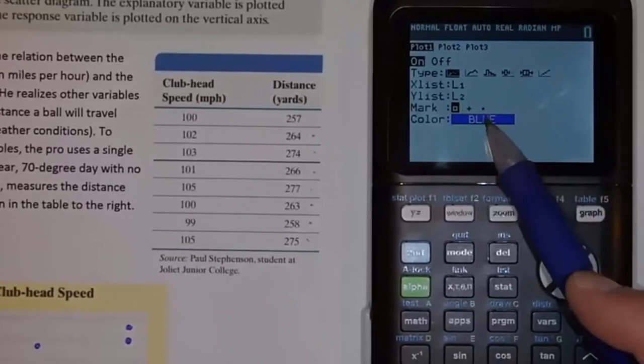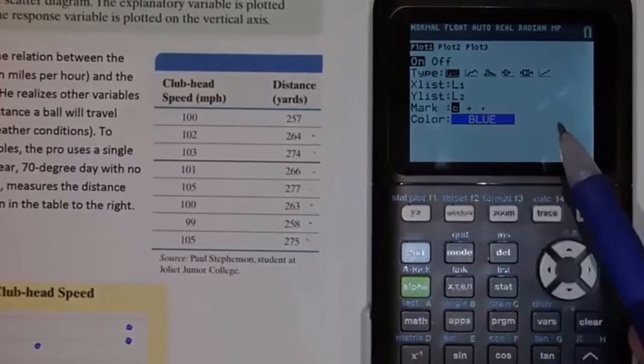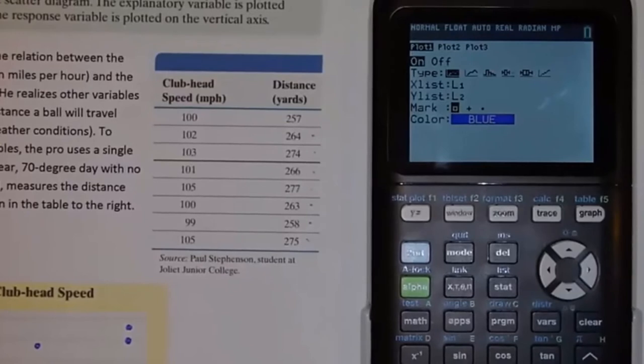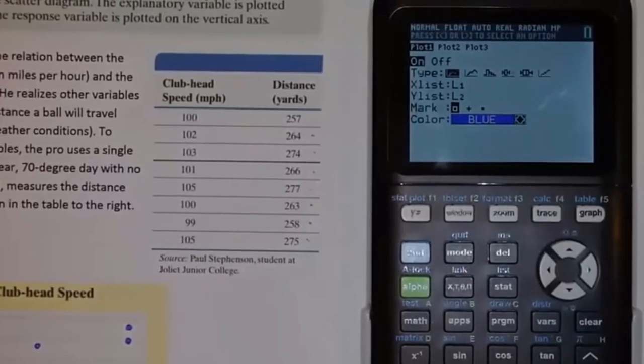If you had thousands of data values, you might want to choose one of these ones that are smaller. That's up to you. If you have a colored calculator, you can change the color if you want. So if you'd rather make your points red instead of blue, you have that option to change. I'm fine with blue, so I'm ready to graph this.